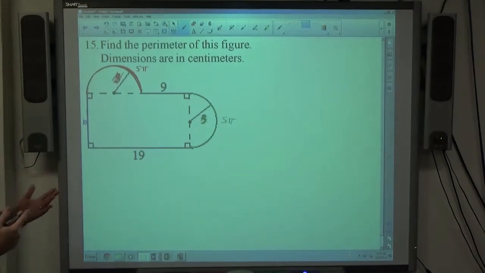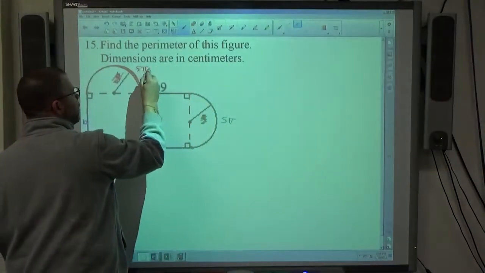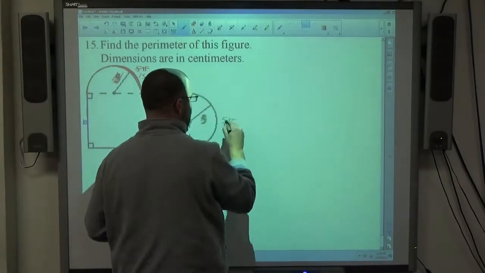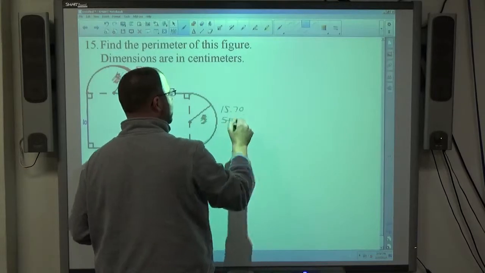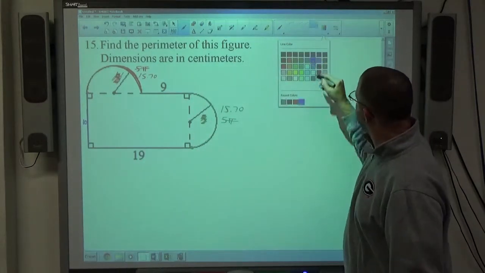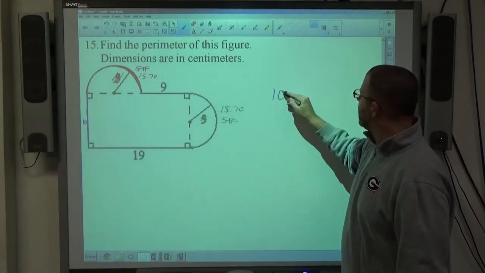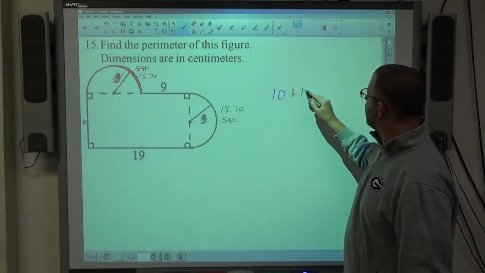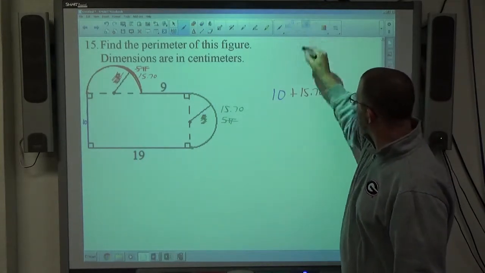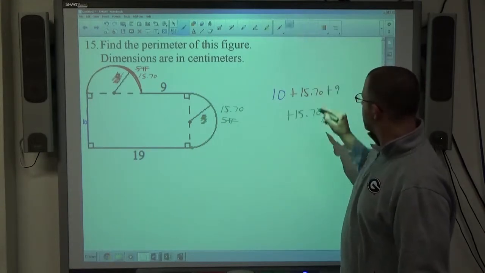I simply have to add up all those numbers. I do recommend getting decimals for the pi's, so 5 pi is 15.70. This 5 pi is also 15.70. So, if I add up all the pieces, I've got 10 plus 15.70 plus 9 plus 15.70 plus 19.